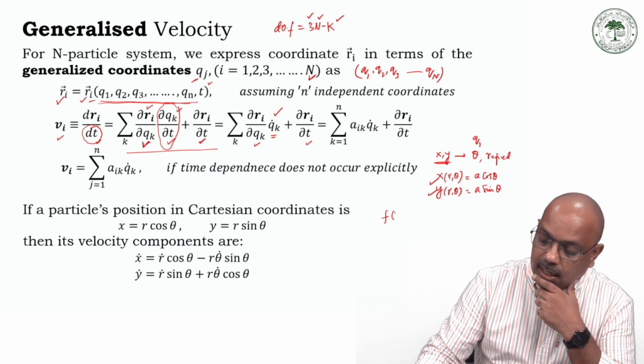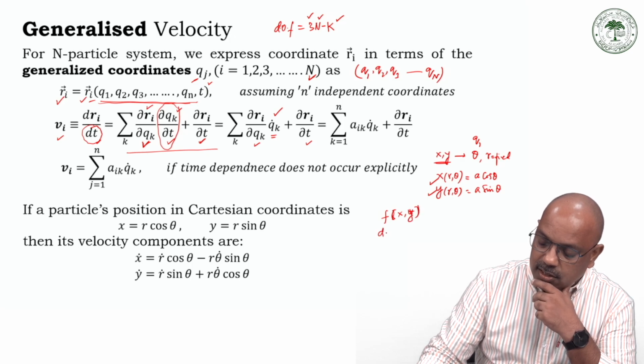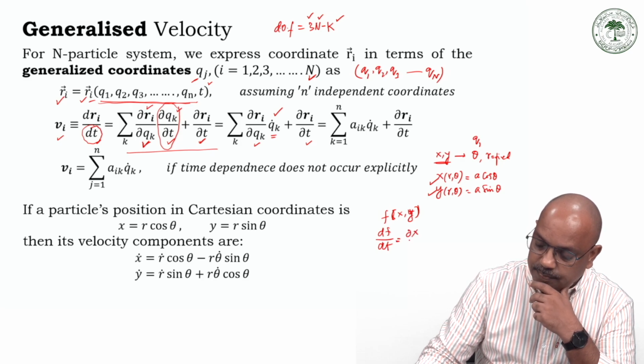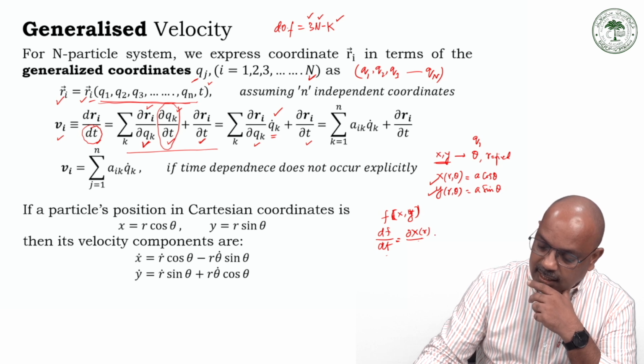I think you understand why I have written this. Suppose I have some function of x and t, and I write df by dt. That means I'm supposing that this x is depending upon t, so I have delta x by delta t, and this x is depending upon r, so then with respect to r, and then delta r by delta t.